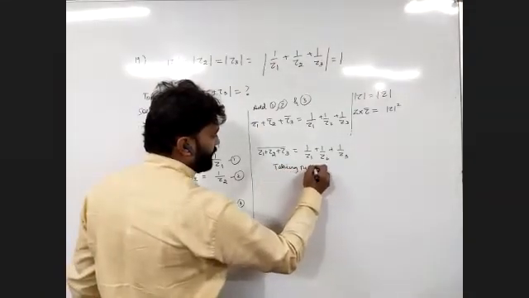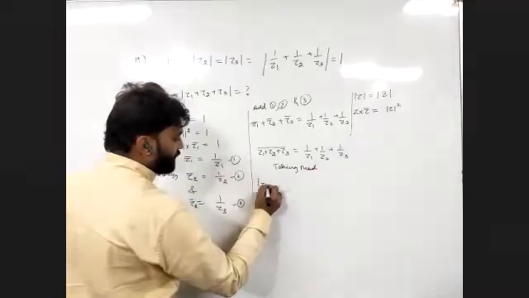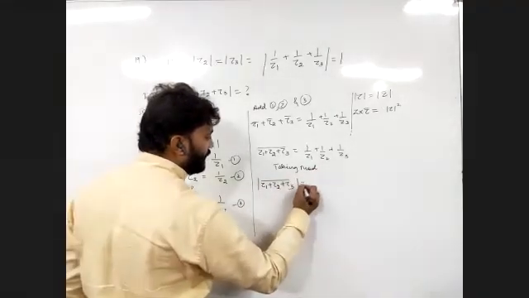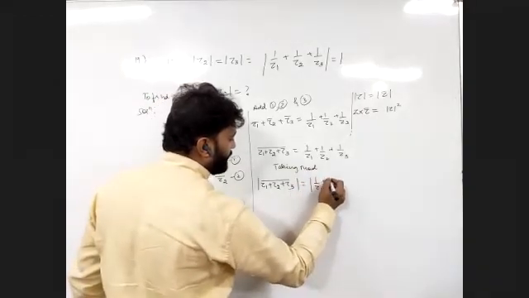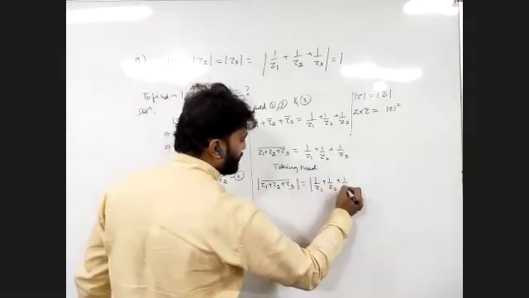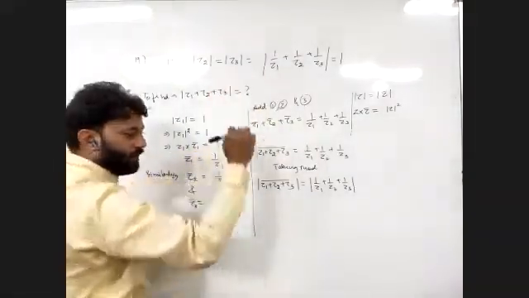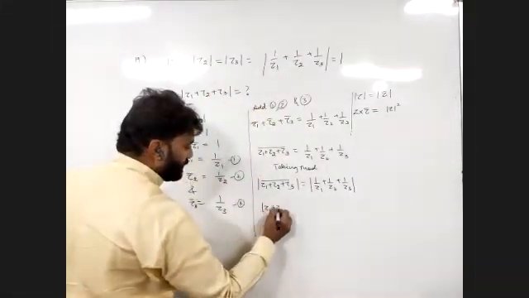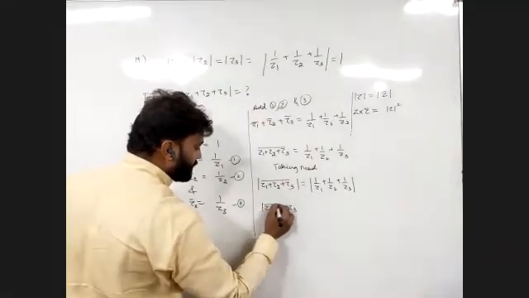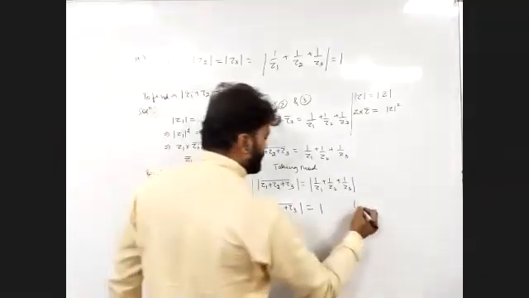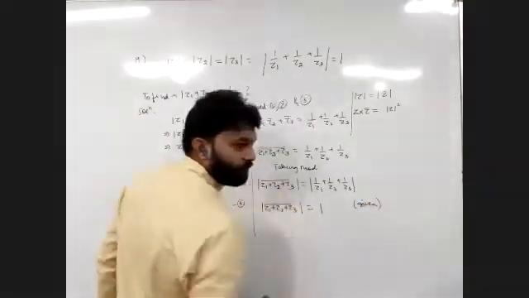Taking mod of both sides, mod of (z1 plus z2 plus z3) whole conjugate equal to mod of (1 upon z1 plus 1 upon z2 plus 1 upon z3). And this value is already given to be 1. So mod of (z1 plus z2 plus z3) conjugate is equal to 1 as it is given to us in the question.